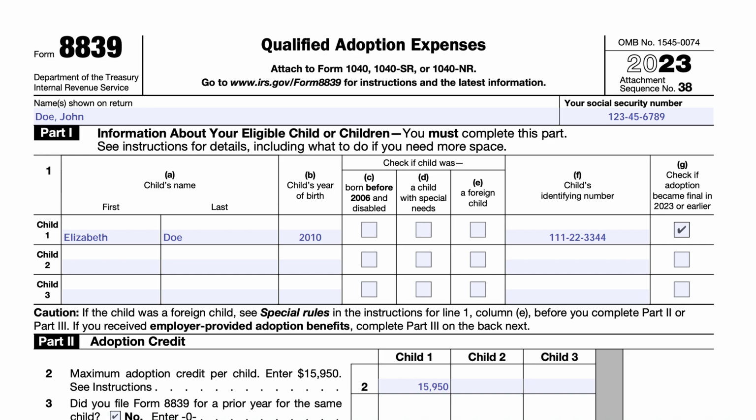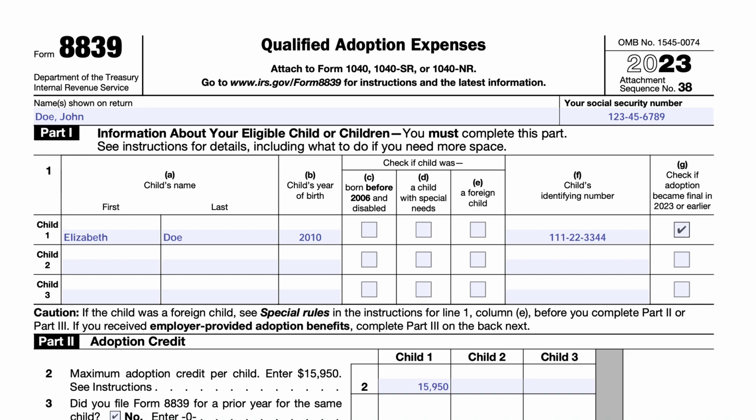You can either take a dollar for dollar tax credit for the legitimate expenses that you incurred in adopting a child, or if your employer provides benefits or pays for certain costs related to adopting a child, then you can choose to exclude those from your income.